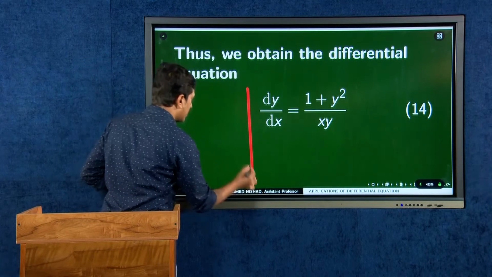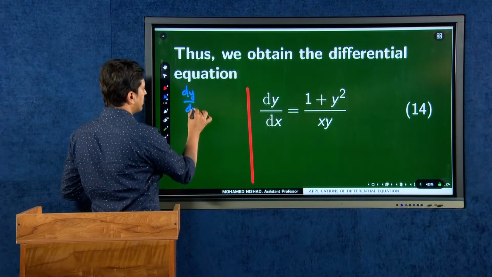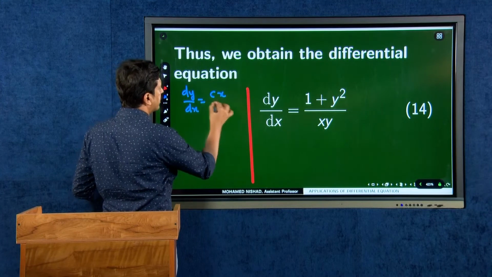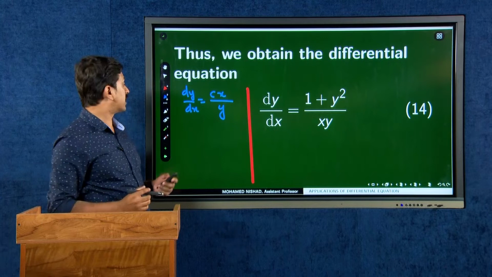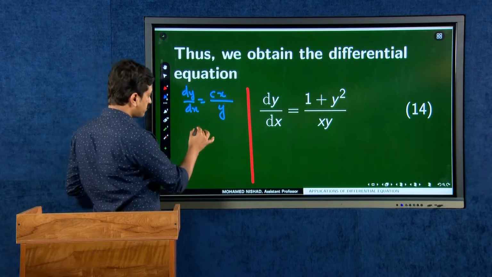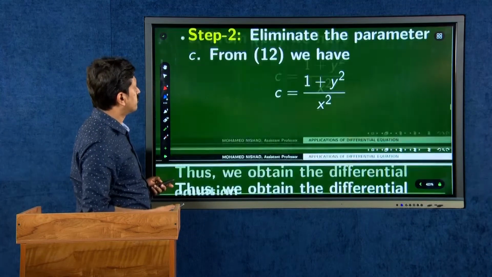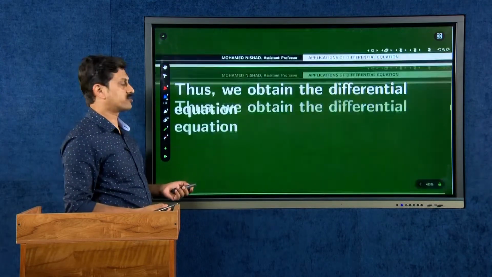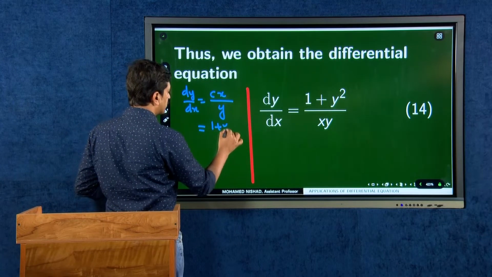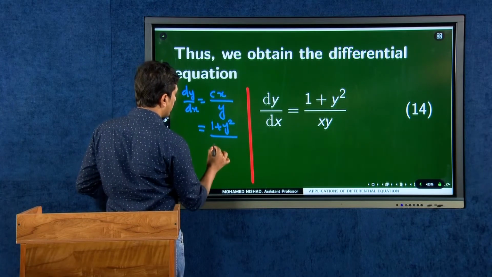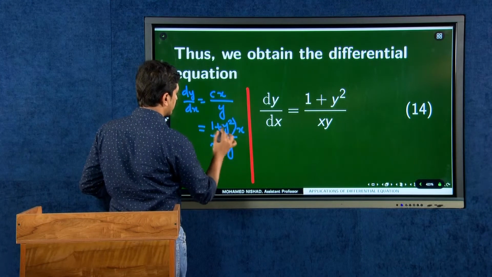So, dy by dx is equal to cx divided by y. Substituting the value of c, 1 plus y square divided by x square, into y, the value of cx is here.